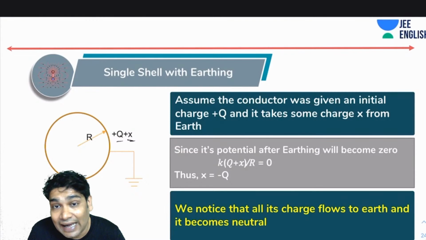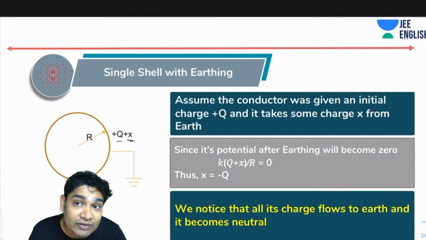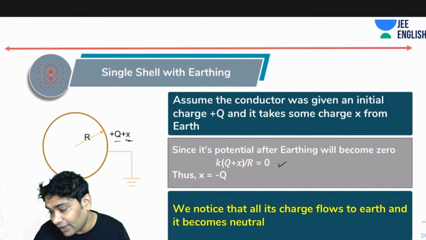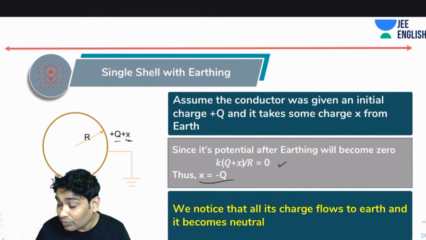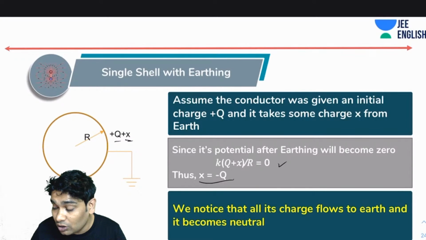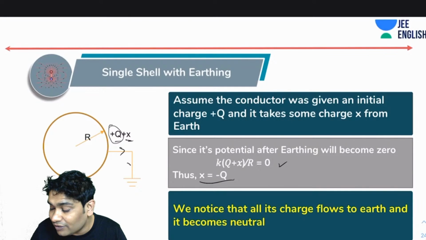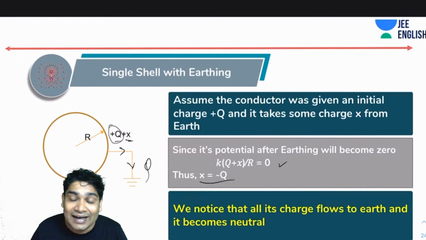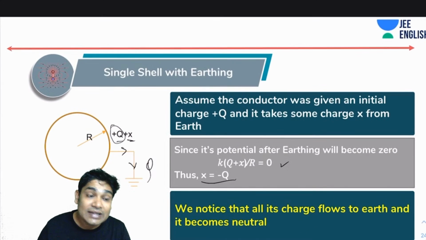Second, I know that the potential after earthing of this conductor will become zero. So I use that condition, and what I realize is that x equals minus q. So we notice that all the charge flows to earth and it becomes neutral. Wherever you connect anything to earth, the entire charge essentially flows down to the earth and it becomes neutral.